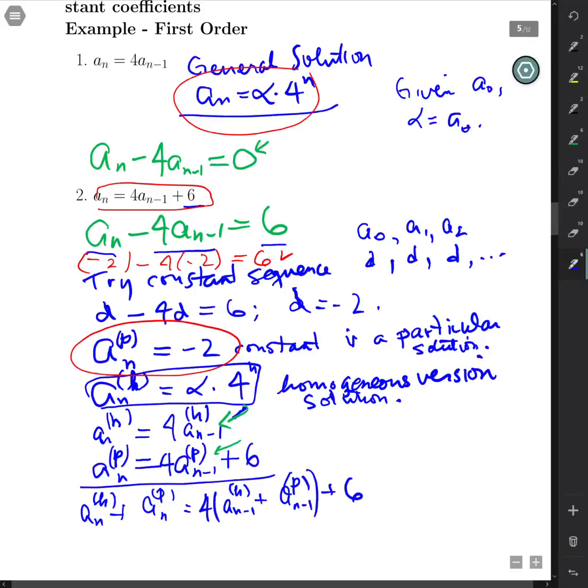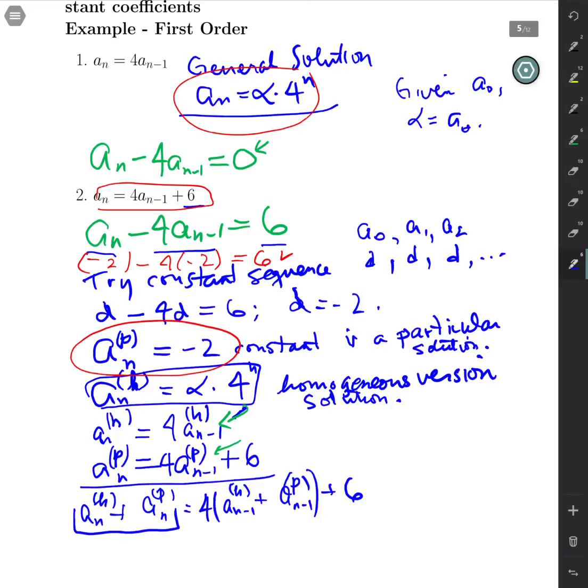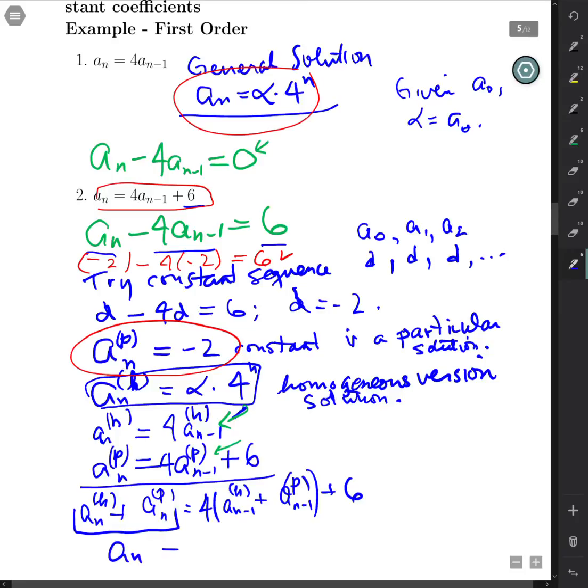So this sequence made up of the sum of the previous two, call it a sub n, is equal to 4a_{n-1} plus 6.